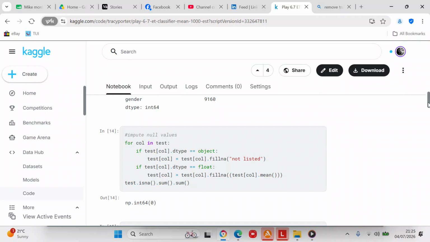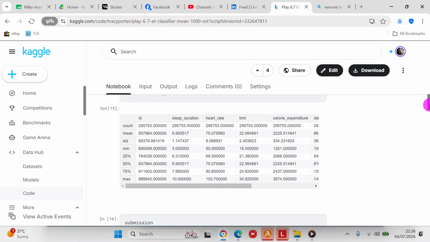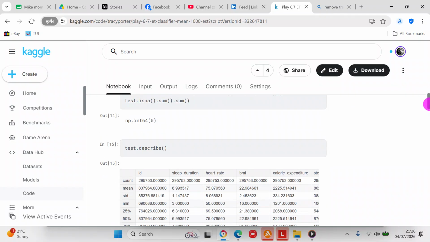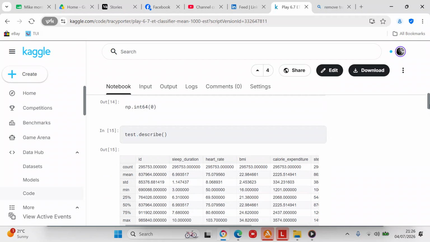You can go into sklearn. They have a SimpleImputer function, and there are some things that you can do with it, but I just decided to make it the mean of the column. There's lots of ways that you can impute missing values, and you can do a search on the internet and find some of those ways, because I only used one way.